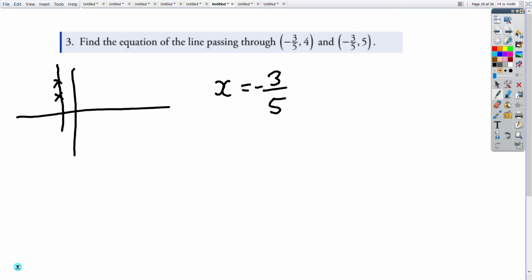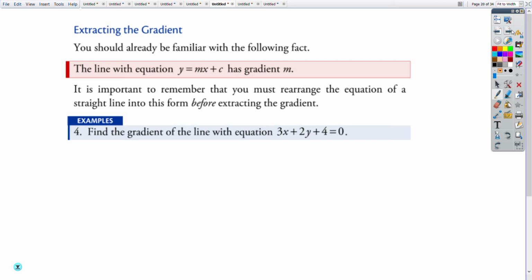Okay, next one. Looking at extracting the gradient, you should know that if you're given an equation, you can rearrange that in order to find out what the gradient is. And so this equation, we're going to rearrange it so that y is the subject. So we're going to take away 3x, take away 4. So it's 2y is equal to -3x minus 4.